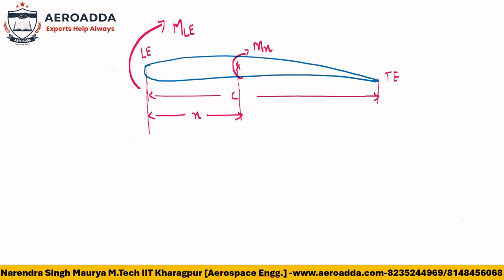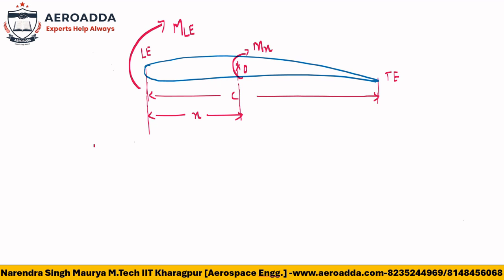Mle is nothing but the moment at the leading edge. Mx is nothing but the moment at any point. I can say this point is o, at x distance from the leading edge. That is the analysis I'm going to do here. I'm writing in terms of x because once I change x, I will be able to calculate the moment at any distance x.